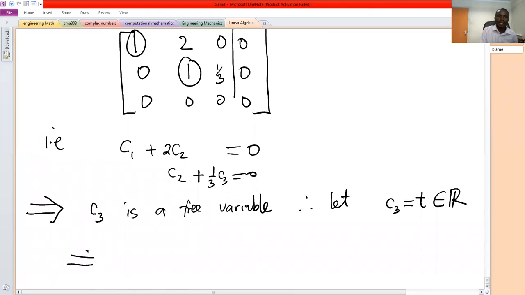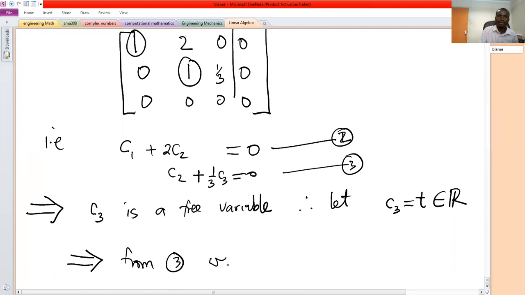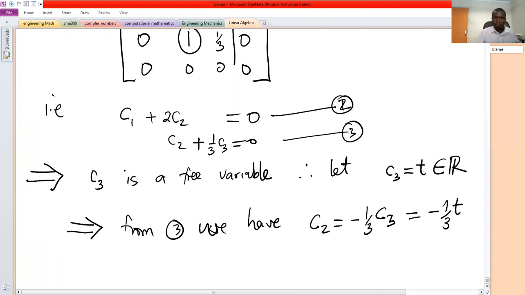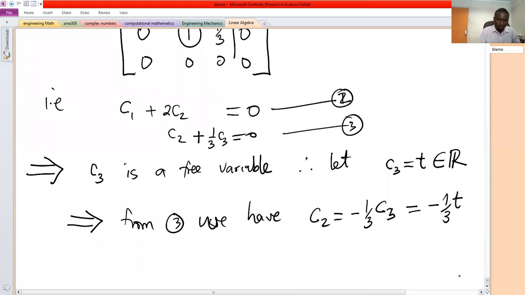So that implies that, if I call this one 1, this one 2, this one 3, from 3 we have C2 equals to minus a third C3, which is the same as minus a third t. So C2 is minus 1 over 3 t.